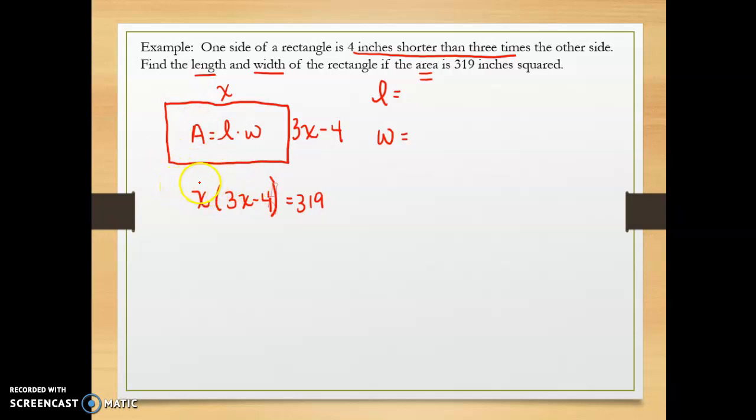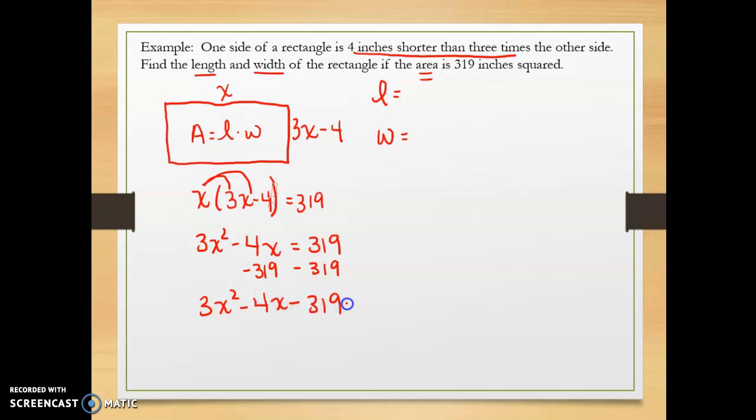Well, I'm going to start by distributing. So that gives me 3x squared minus 4x equals 319. We know that it needs to be in standard form equal to 0. So I'm going to subtract 319 from both sides to get 3x squared minus 4x minus 319 equals 0.